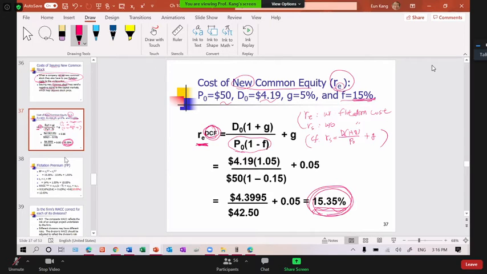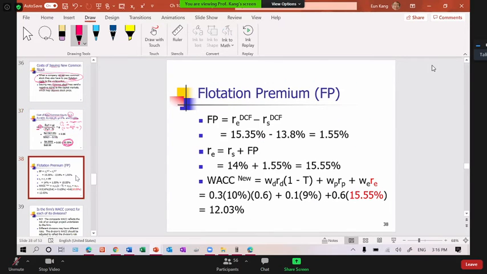So what you do then is compare that one with RS. We calculate the flotation premium, FP. You have to be able to distinguish between flotation cost and flotation premium. Flotation cost is the cost associated with issuing new shares.